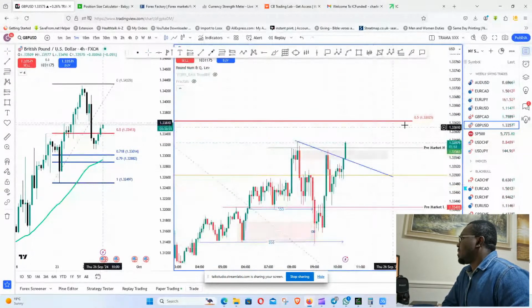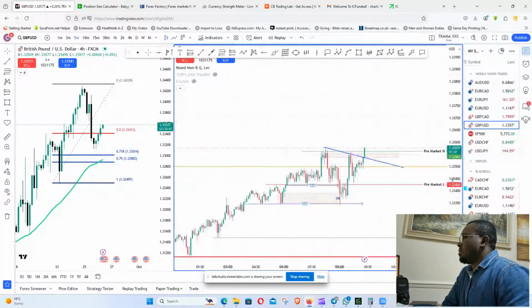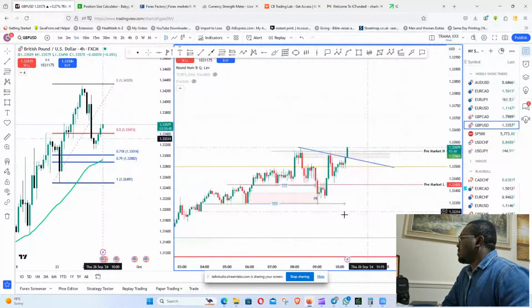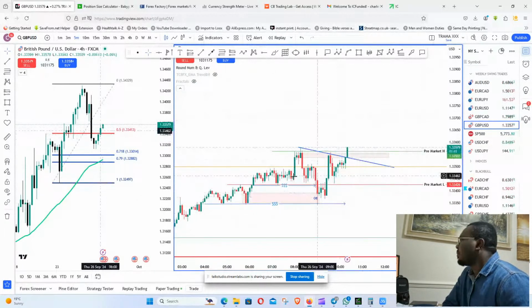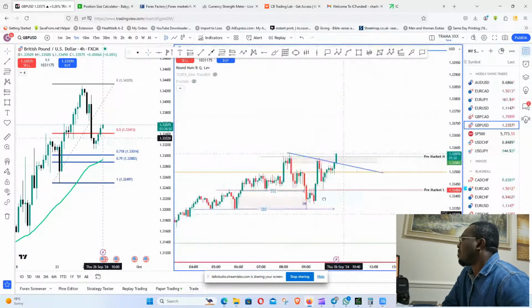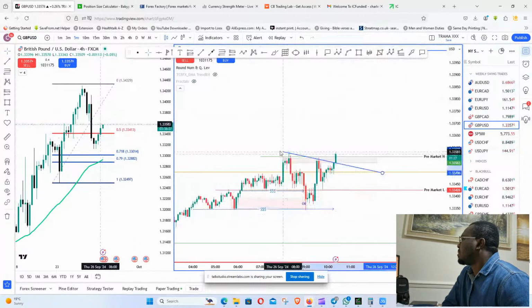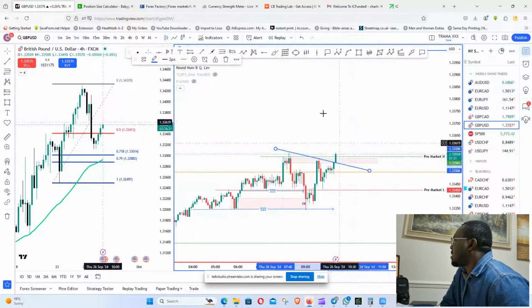So at this level, we have the pre-market high break. So now we'll wait for this retest. This will be our last option today. So we'll wait for this retest to happen.